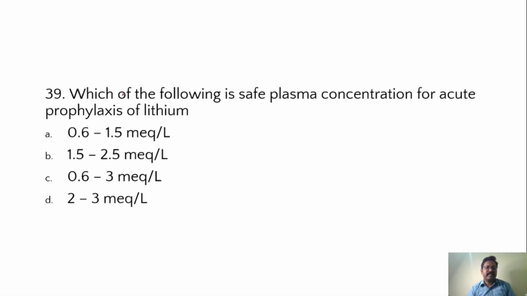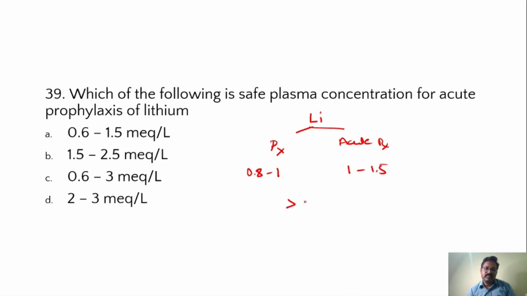Next, coming to the 39th question. Which of the following is safe plasma concentration for acute prophylaxis of lithium? So when you are using lithium for prophylaxis and the acute treatment of mania, the safe range will be 0.8 to 1 and here 1 to 1.5.